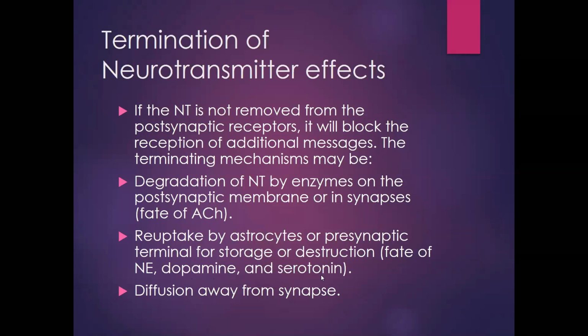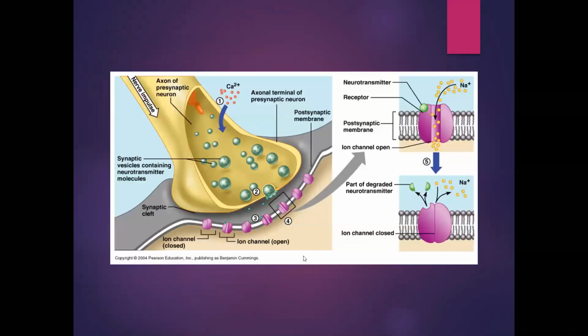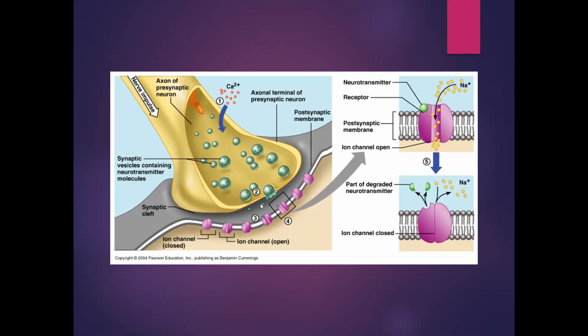On Wednesday, we will look specifically at how this all happens, but let me just go back here. In the case of norepinephrine, dopamine, and serotonin, those neurotransmitters will bind, then come back off the receptor and go back into the synapse.